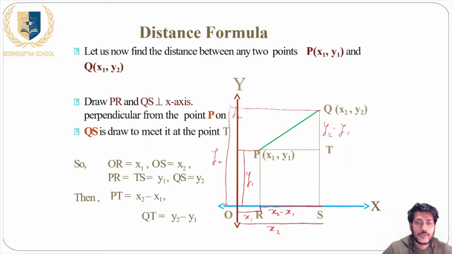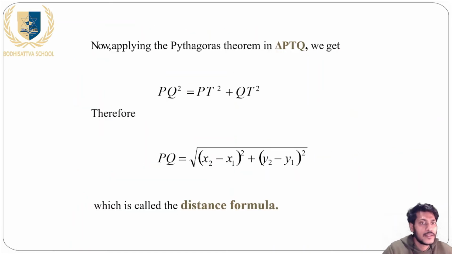Now, in the triangle PQT, we can use the Pythagoras theorem. PQ square is equal to PT square plus QT square. This we can see on the next page.